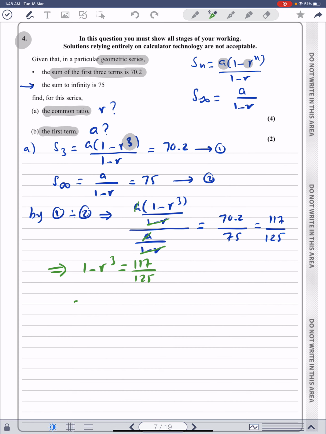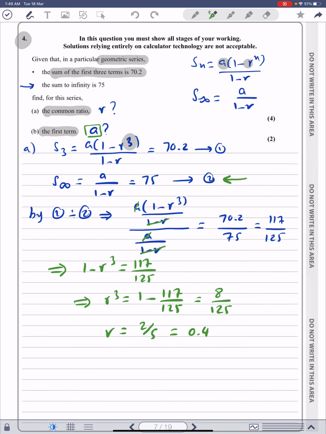By making r cubed the subject, so r cubed equals 1 minus 117 over 125, getting 8 over 125. By taking the cube root of both sides, you will get r is 2 over 5 or 0.4 in decimal. Simply like this. To find a, or the first term, use the easier formula to calculate.